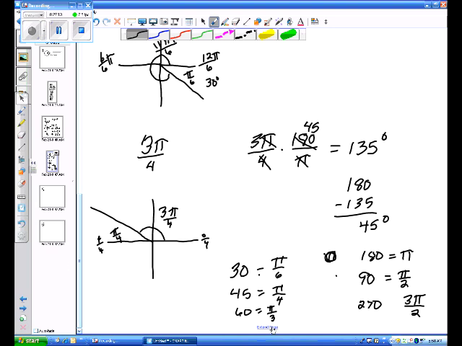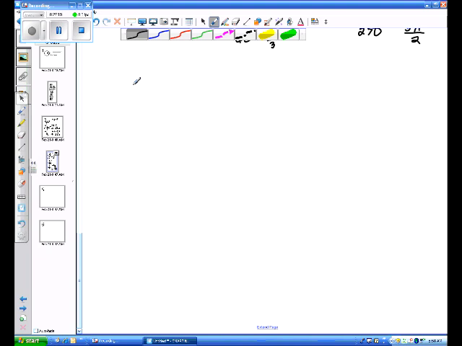Now, let's just look at one or two more of these. That's not a special angle. 7 pi over 12. We want to draw this in standard position. Well, 7/12 is less than 1. So 0 would be 0/12. 1 pi would be 12/12.